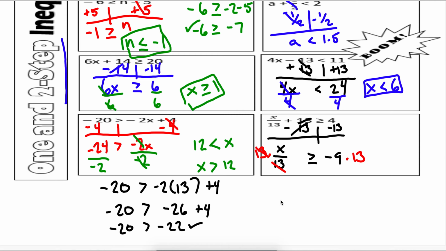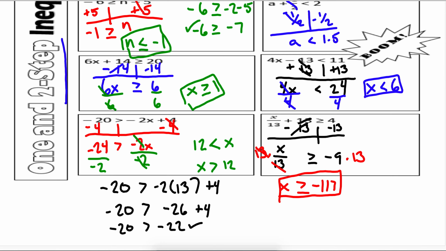These two cancel. We're left with x is greater than or equal to negative 9 times 13 is, that's right, negative 117. And you are done. Remember, big thing on this page, dividing or multiplying both sides by a negative changes our sign.